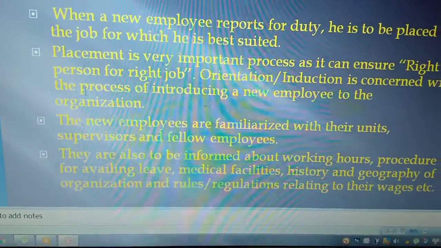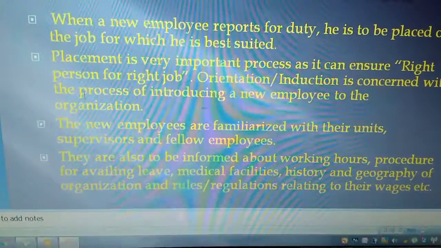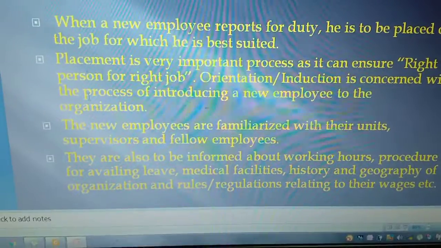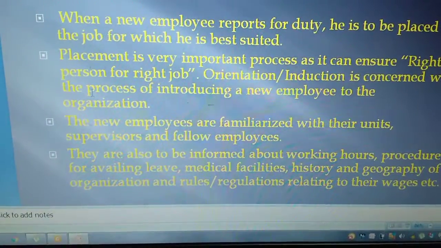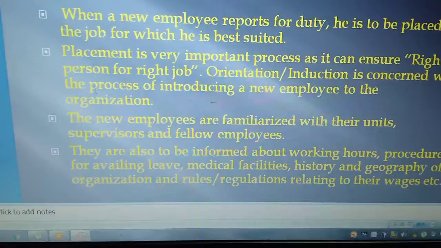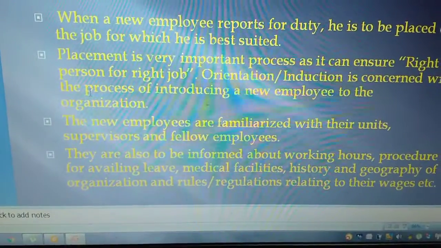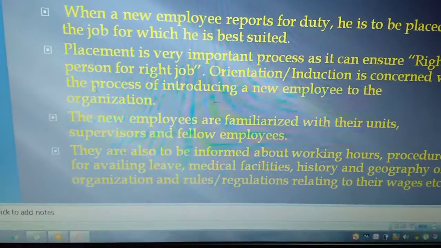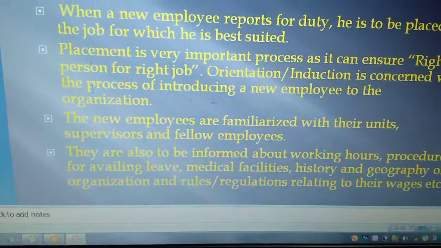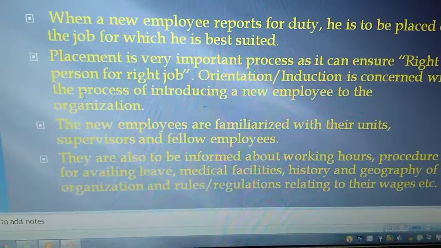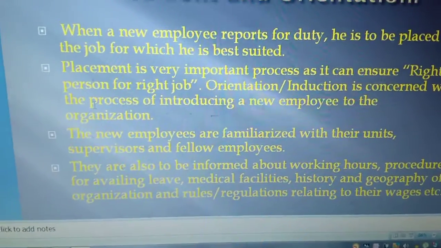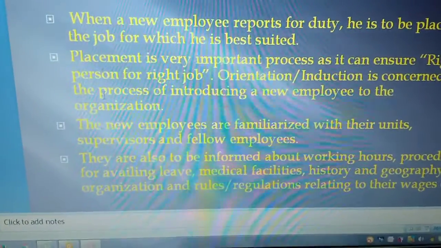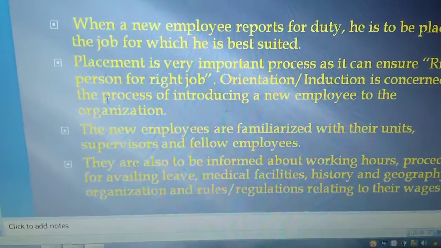The employees will also be informed about the working hours, procedure for available leave, medical facility, history and geography of the organization, and rules and regulations related to their wages, etc. So basically, orientation is a process of introducing the newly employed to the supervisor, subordinates and colleagues, and we familiarize him with the rules and regulations of the organization.